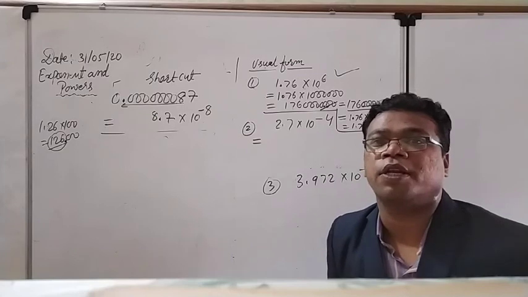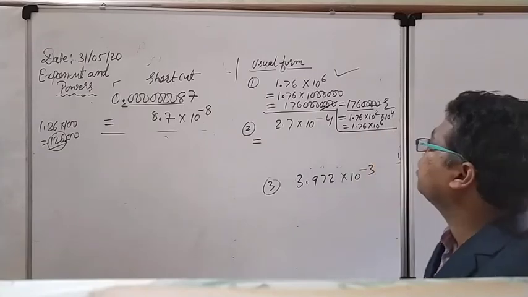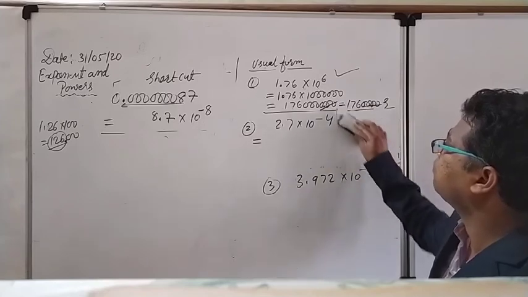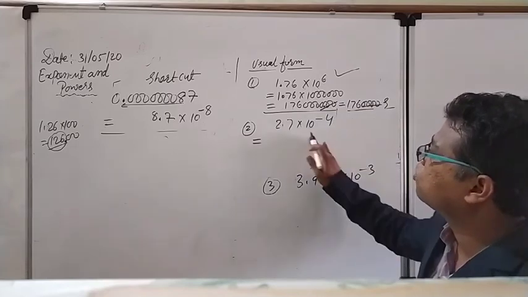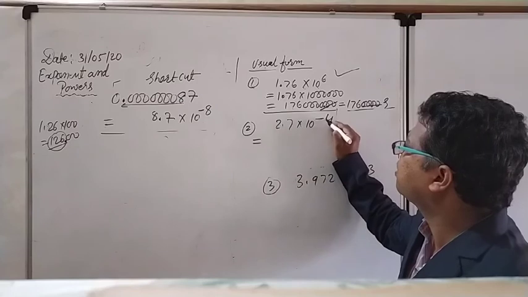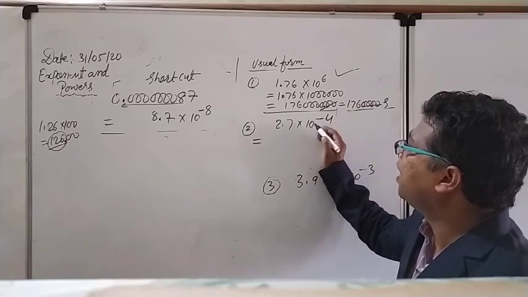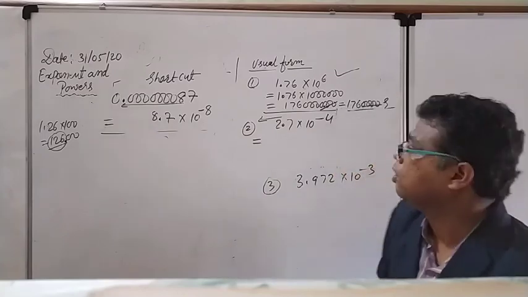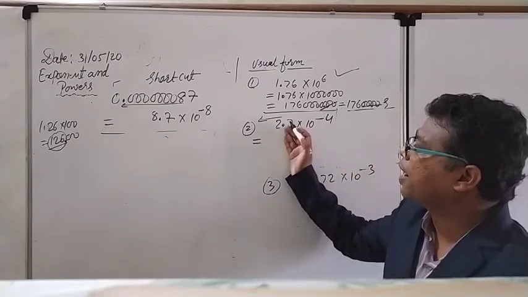First I am applying the short trick. How am I doing the short trick? See, 10 to the power minus 4 will indicate that the point will shift 4 digits more, from right to left.